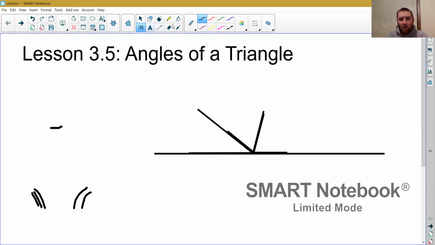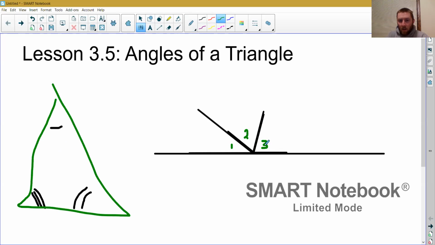So if I take these three angles, angle 1, angle 2, angle 3, those three angles that a second ago formed my triangle, remember, over here, now I line them up, and they together make a straight line. Okay, now if we remember something about a straight line, or what we used to call a straight angle, if we consider this to be our vertex point, a straight angle is 180 degrees, right?